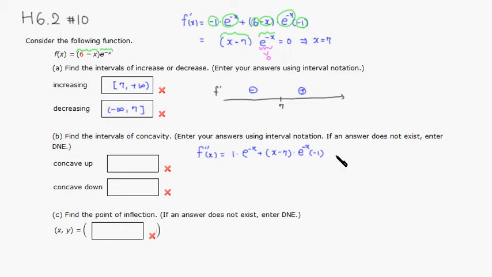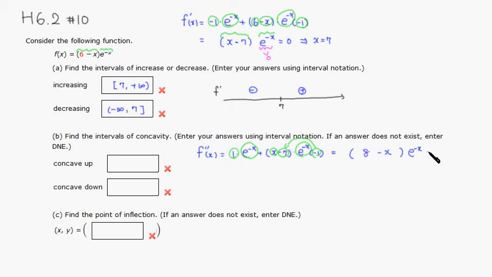Then clean that up. Again, e to the negative x is in common, so I'm going to write that down. What's left is negative x, and you have to distribute that one too, so a negative 7 becomes positive 7, and another 1, so it's 8.